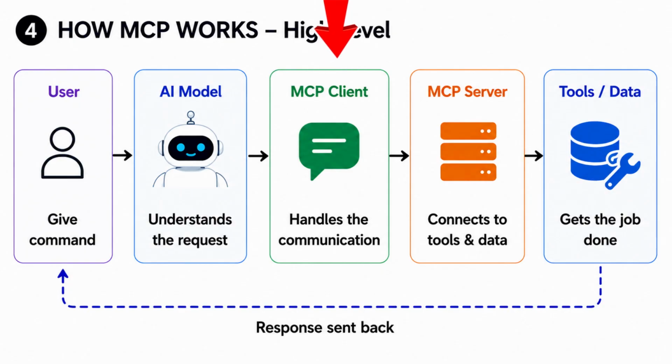It takes the order from the AI, understands it, and passes it on in the right format. It handles the back and forth. And the kitchen? It's the MCP server. It is the place where the actual work happens. There's a different kitchen for every tool. A Gmail kitchen, a Google Drive kitchen, a database kitchen. Each one knows how to do the job perfectly. And they all speak the same language, which is MCP.